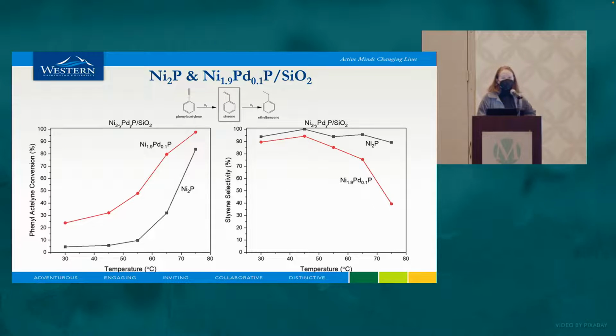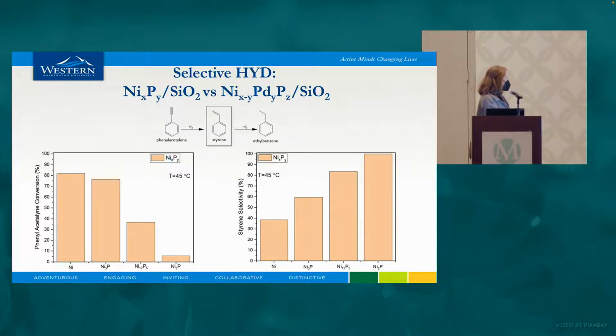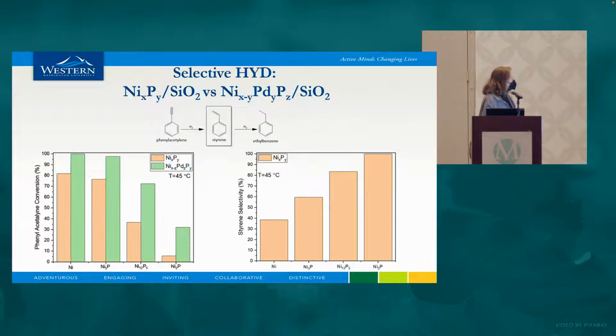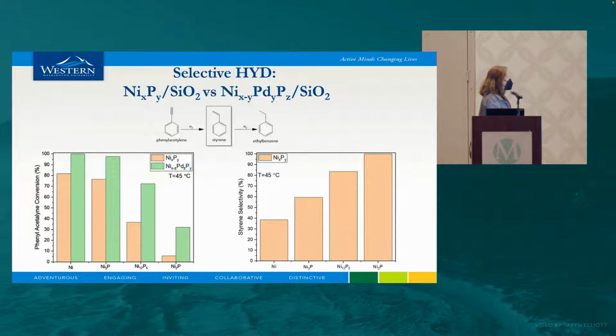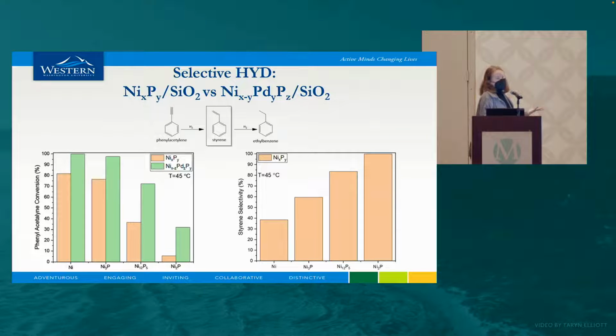So we tried substituting the same amount of palladium into each of our different catalysts to see what would happen. Here we have our normal nickel phosphides for conversion and selectivity. Then, adding the same amount of palladium, our most nickel-rich phases, being pure nickel and Ni3P, see relatively modest boosts in conversion.